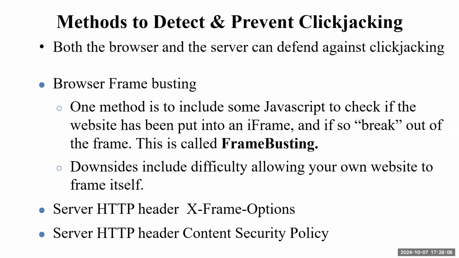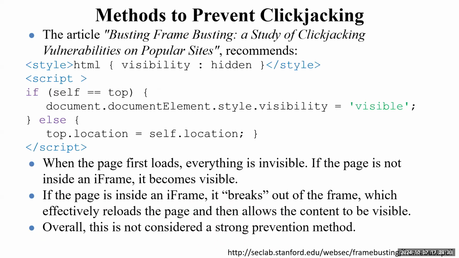Unless you want to have part of your website inside another page of your website, you probably don't want it to be in an iframe. So there are statements you can use to keep that out. It does, of course, mean you have to make your web page a little bit more complicated. On the server, there are several options in the HTTP header, X-Frame-Options and Content Security Policy. We'll cover those in a minute.